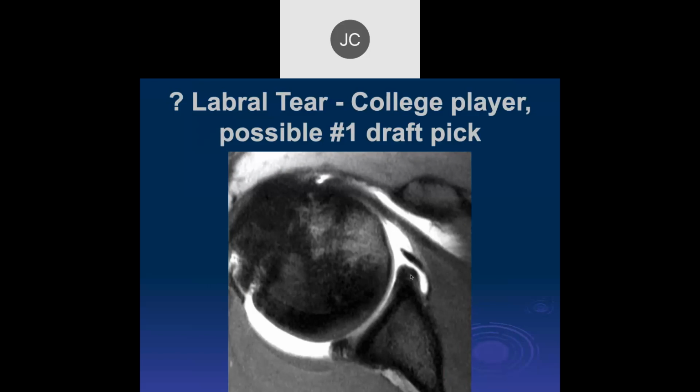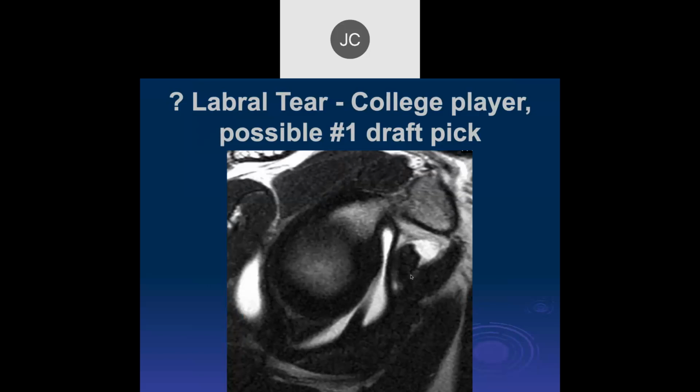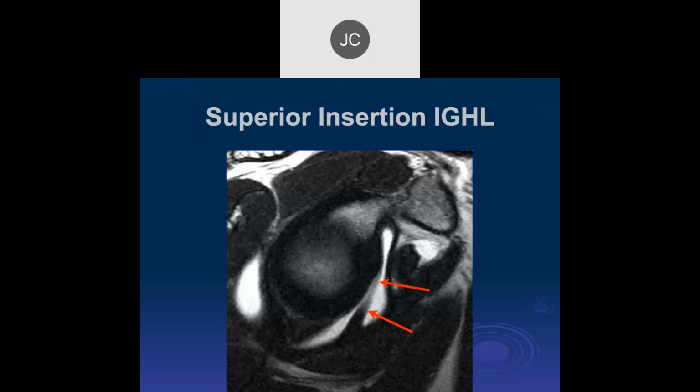And if we go to the sagittal images, we have this structure, we have that structure. So what are they? So we have a high insertion of our IGHL. So this is a superior insertion of the anterior band of the inferior glenohumeral ligament, which is a normal variant. And this is the middle glenohumeral ligament coming down here.